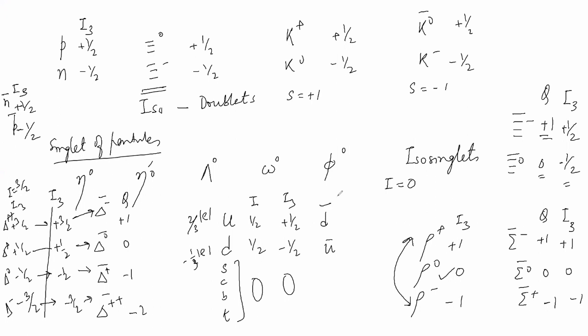Therefore, the important point is that for charm, strange, top and bottom quarks, we don't assign any isotopic spin quantum number. We only assign isotopic spin quantum numbers to the U quark and to the D quark. Is it clear?